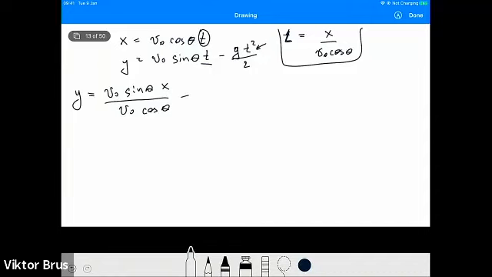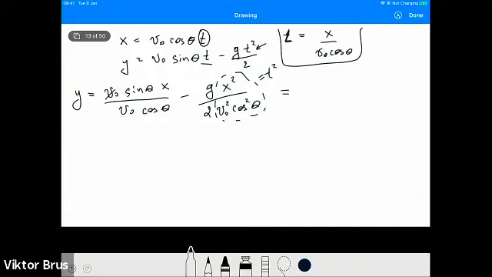Then we have minus g, and here it's t squared, so it will be x squared divided by 2 v naught squared cosine squared theta. Okay, so let's see what we get out of it.